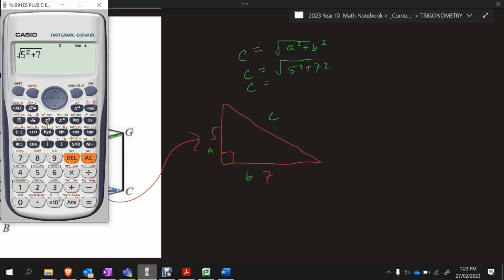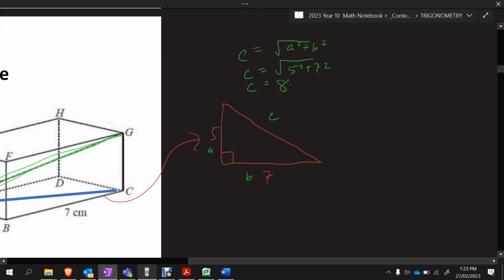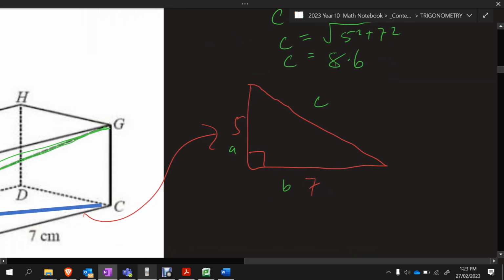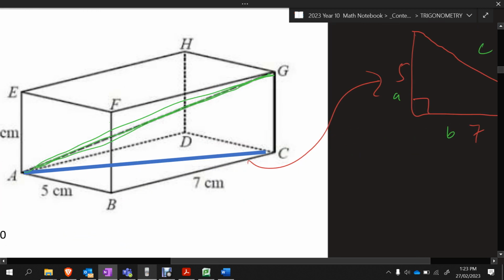If you get this, make sure you press SD. It should be 8.6. Okay, thank you. So that means this length here is 8.6.